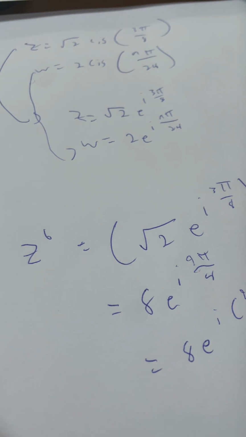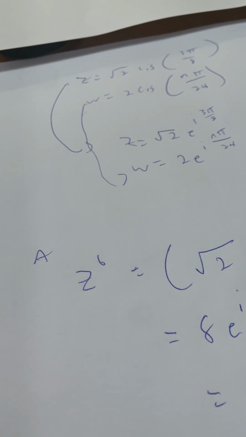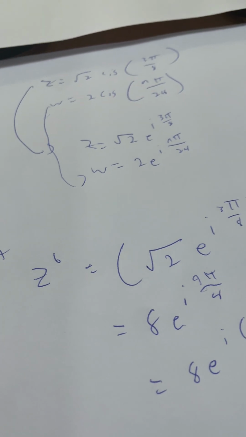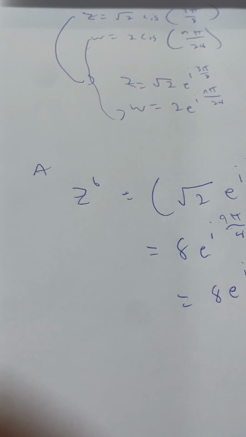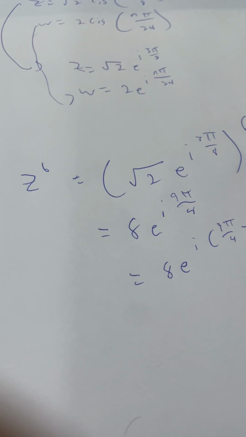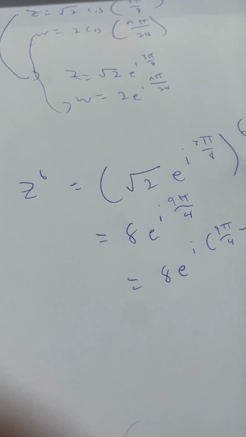2 pi. Now, what I did wrong the first time was I just left it as e to the i 9 pi over 4.